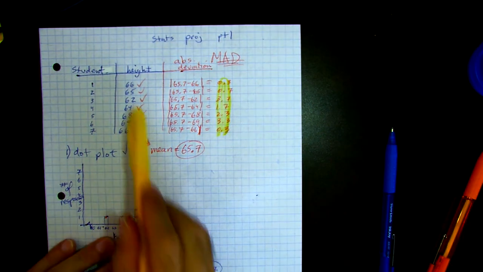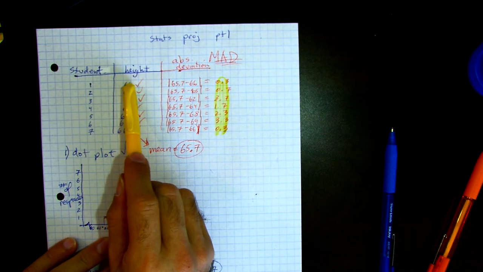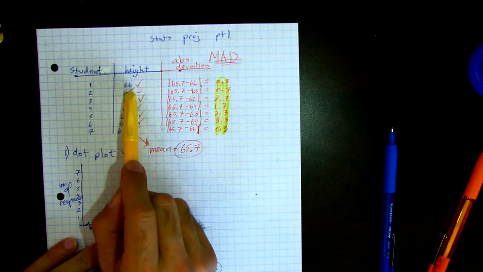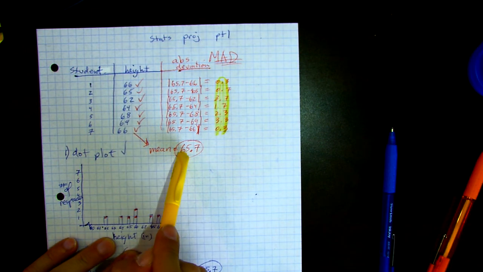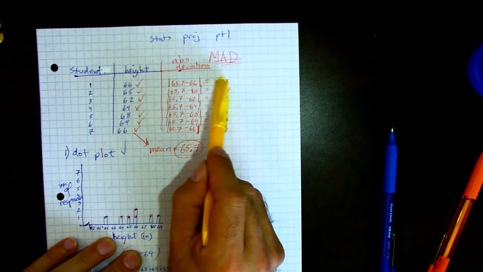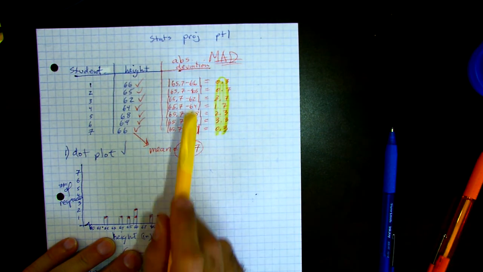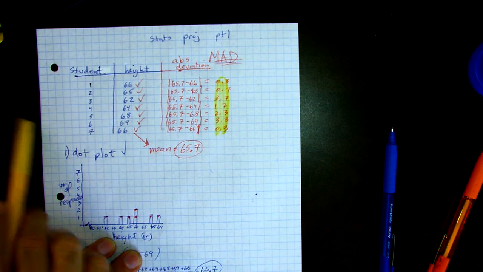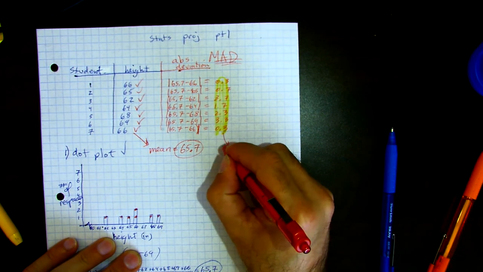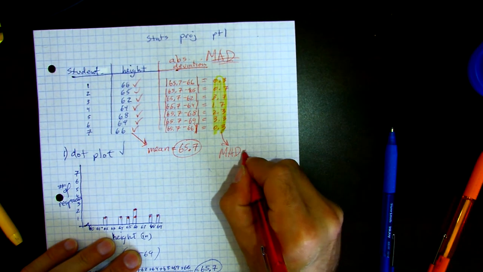What it is saying is we found the average, and each point is calculated. We're finding out how far each of the points is from the mean. And look how we find that. The mean minus the point, absolute value, gives you the distance between 66 and 65.7. We did that for all of them. So now the MAD is just taking all of these and finding the average.